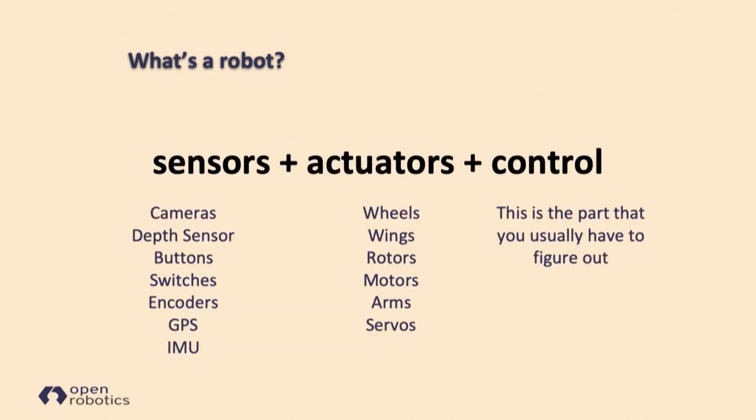All right, so what is a robot? I use a really, really loose definition of robot because I think it helps people think about ROS as a tool to solve their problems. I always call a robot the combination of sensors plus actuators plus control. A sensor is going to be a camera, a depth sensor, something simple like a button or a switch.